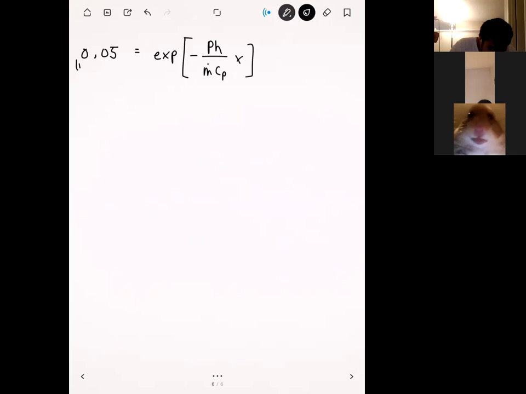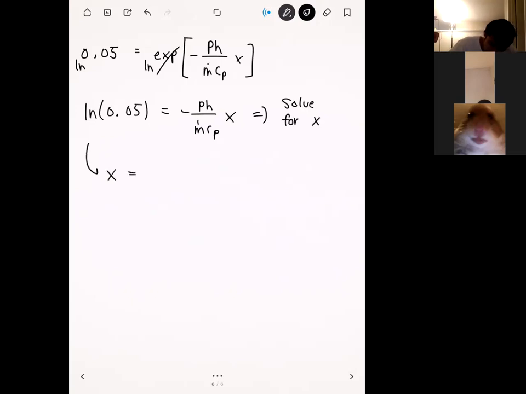Right, and so to solve for x, we're going to take the natural logarithm of both sides, and that's going to cancel out the exponential, right? And so we have ln of 0.05 is equal to minus pH over m dot Cp times x. Okay. Now we can solve for x. Okay. And so what we get is x is equal to minus ln of 0.05 times m dot Cp divided by pH. Right.